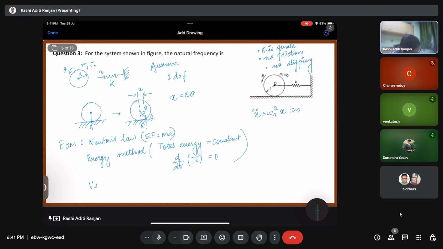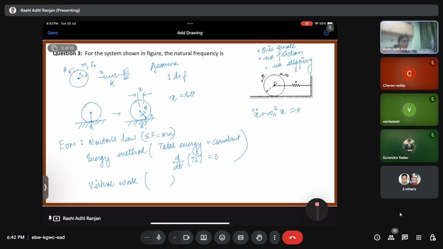Then we have the principle of virtual work, which says that if a system is in equilibrium, and I assume that there are works being done by the forces applied on the system, the summation of all the work is going to be 0 because the system is in equilibrium, it is not moving. That is the principle of virtual work. So we'll use the energy method over here because it is easy, at least to me it seems easy.